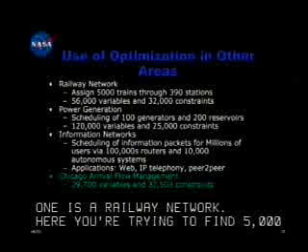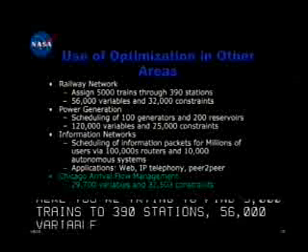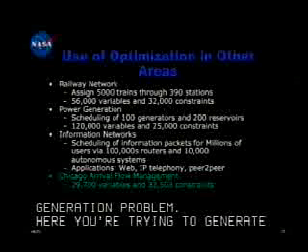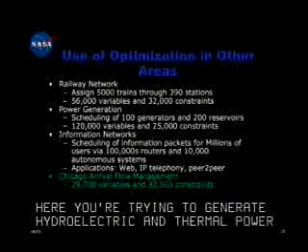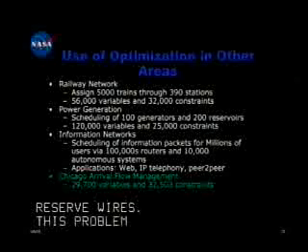It has 56,000 variables and 32,000 constraints. The other is the power generation problem. Here you're trying to generate hydroelectric and thermal power by using 100 generators and 250 reservoirs. This problem has about 120,000 variables and 25,000 constraints.